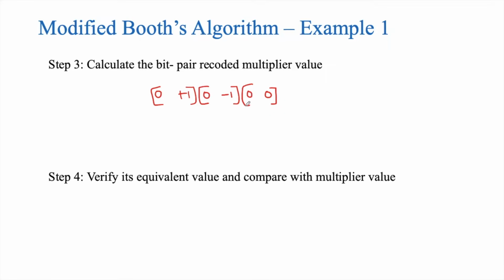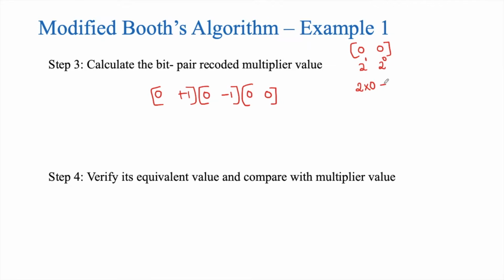So now we have to find the bit pair recoded value of the multiplier. How to do that? Let us do it one by one for each and every pair. We'll start with the first pair, 0 and 0. What is the binary weightage here? It is 2 power 1, 2 power 0. What is the equivalent of 2 power 1? It is 2. So 2 into what is the value present?